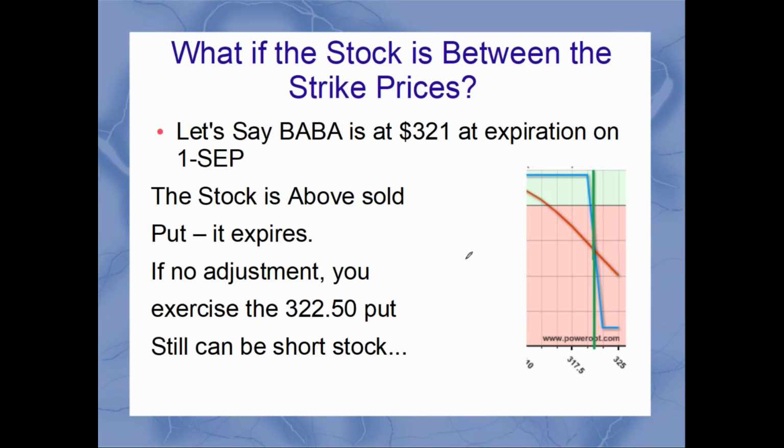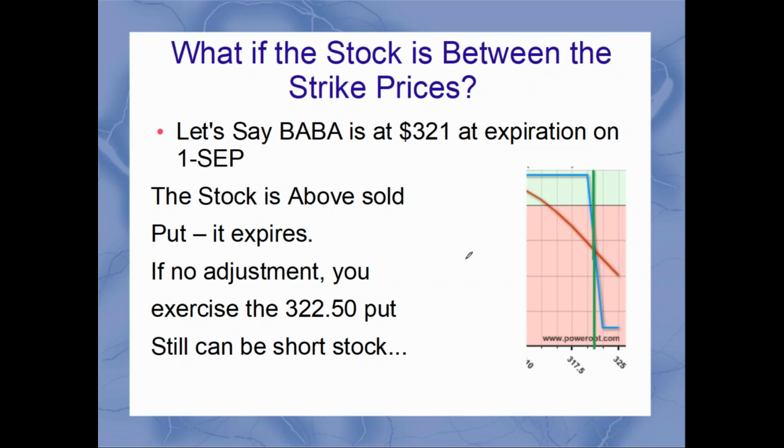Now, no one can force you to exercise early. Okay? You have control of this. You can only be assigned early on your short options. You can't be exercised early on your long options unless your broker needs to do that to cover the margin requirement. Okay? They might actually just close it out automatically. What do I mean? They might just close it at 321 in this situation rather than forcing you to short at 322.50.